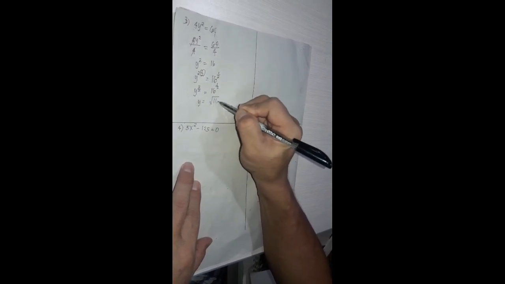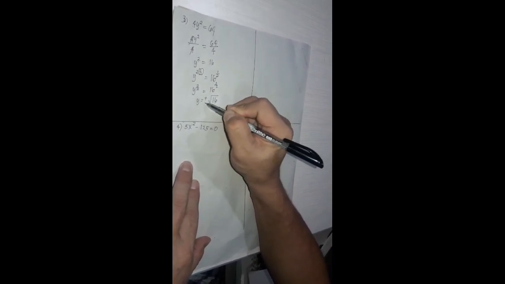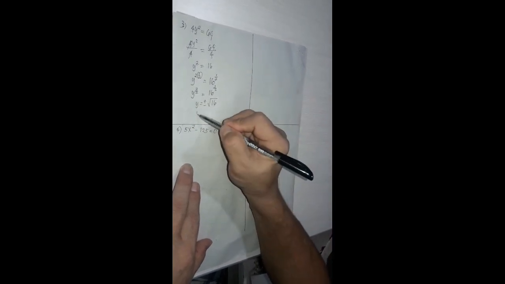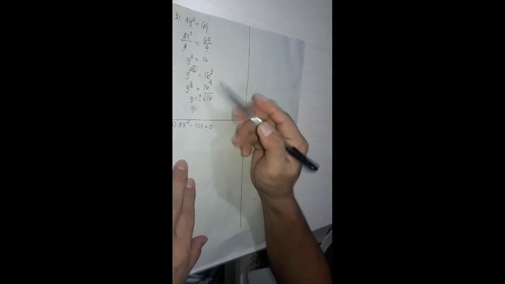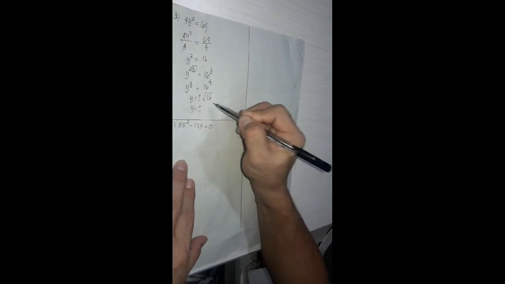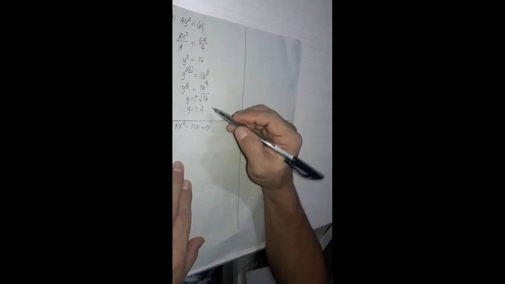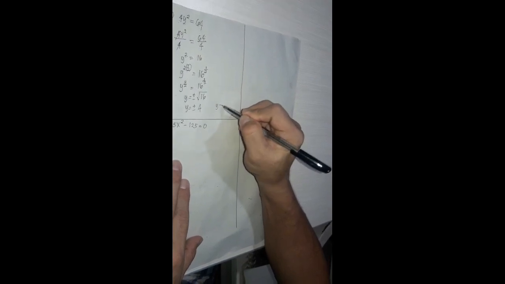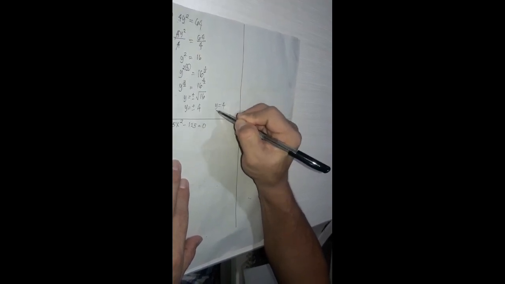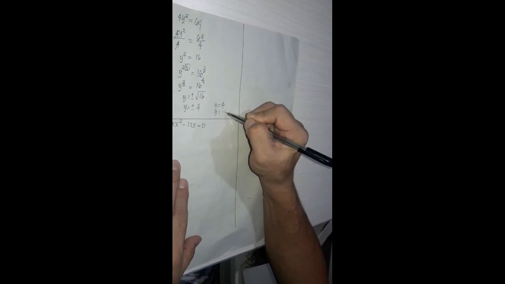We have 16 positive or negative. So y now is equal to positive or negative square root of 16, which is 4. Or you can have y is equal to positive 4 and y is equal to negative 4.